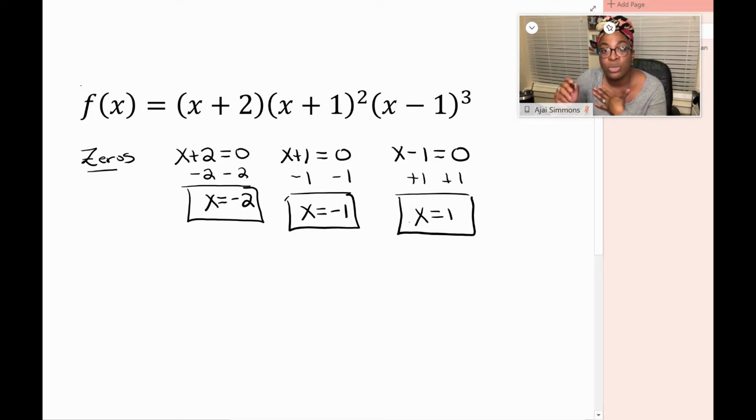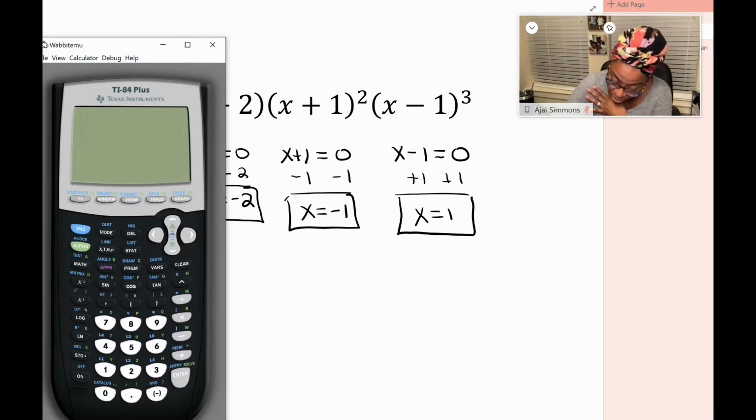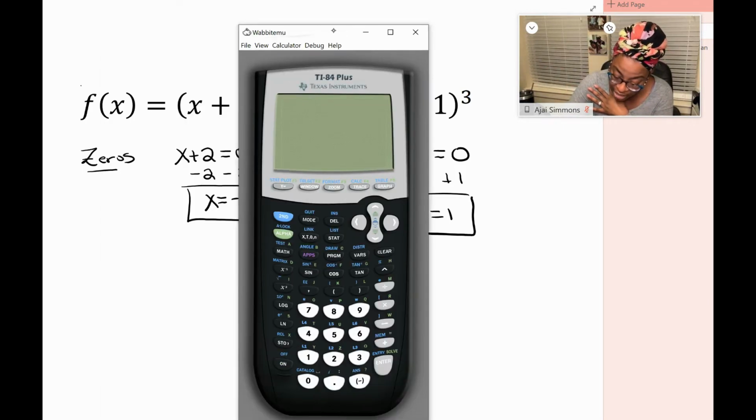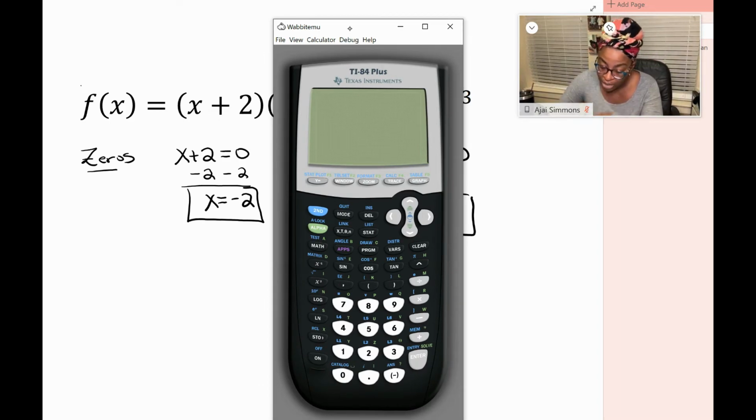And remember, when you find zeros, it's telling you that if you graph it on the XY plane, it's going to touch or go through these points. So I'm going to go to my graphing calculator, and to save some time, let me turn my calculator on.